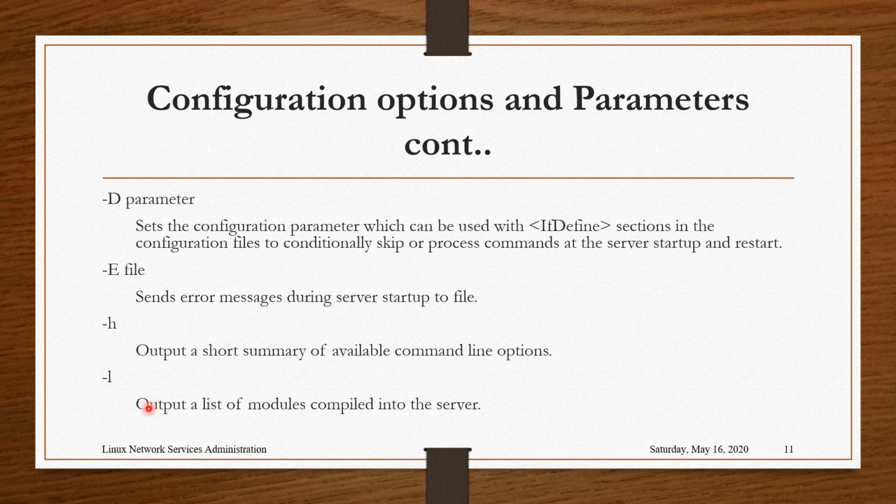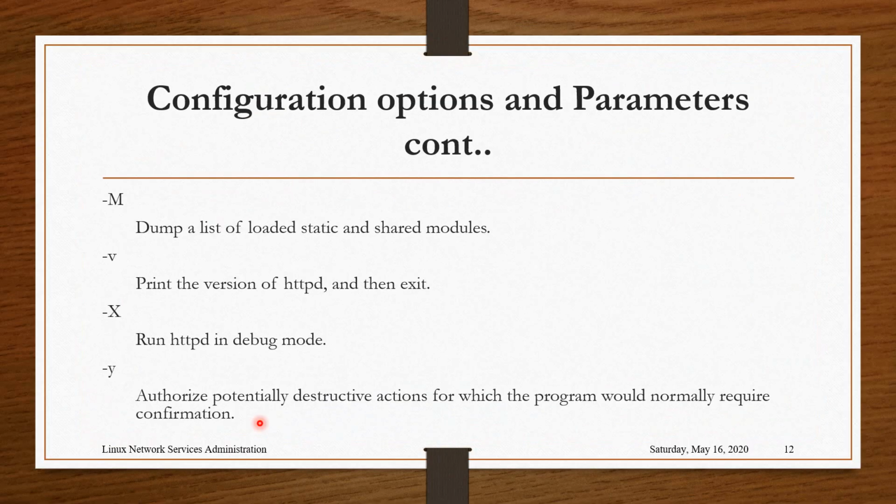Option -l, to list, output a list of modules compiled into the server. And option -M, to dump a list of loaded static and shared modules. And option -v, small letter, it will print the version of HTTPD and then it will exit.